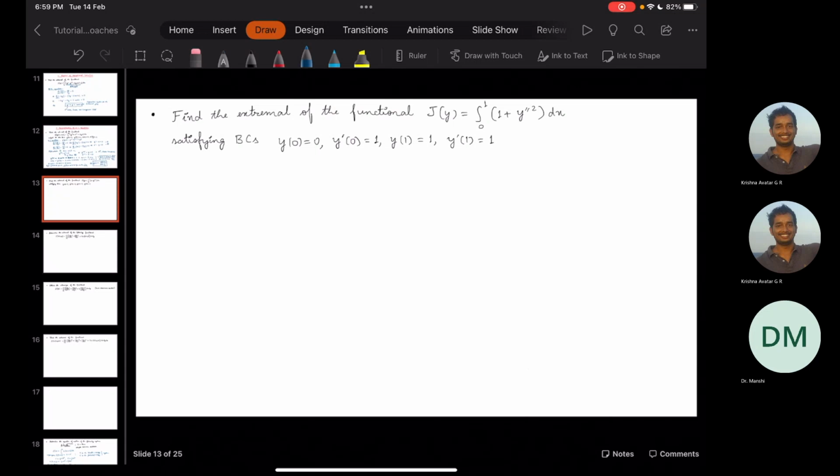Okay, let's start with our solution. First we have to obtain our EL equations. So this is a functional. The integrand of the functional consists of a second derivative in y.